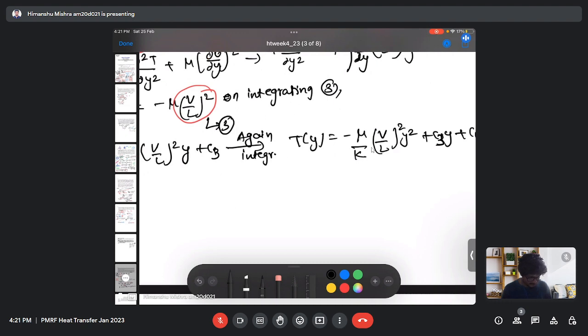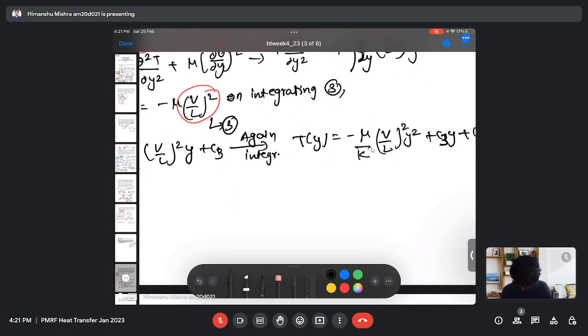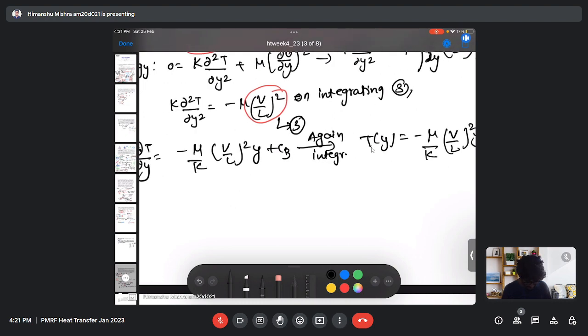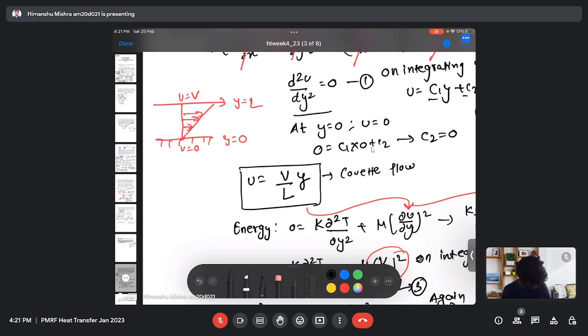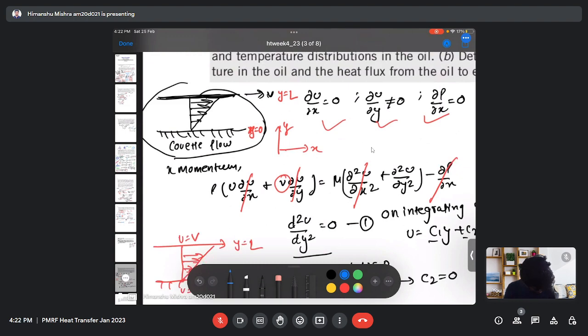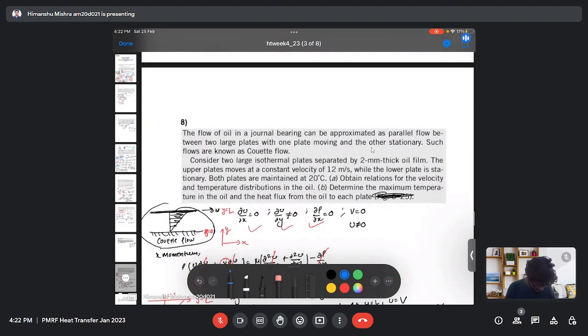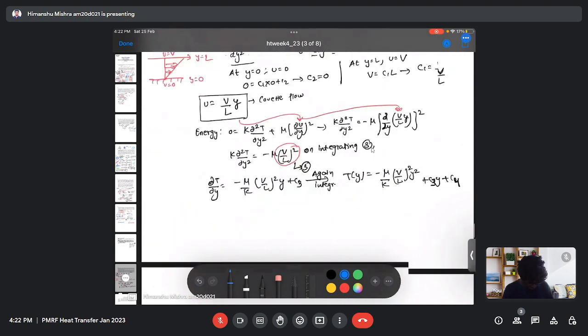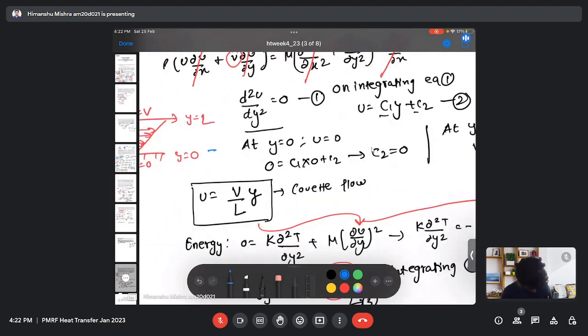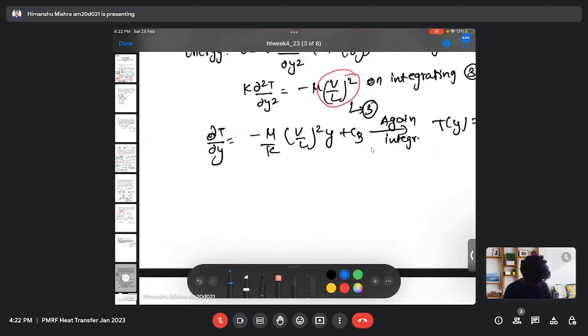So to obtain c3 and c4, we need to use the boundary conditions in terms of temperature. So let me define the boundary condition here. It says that both plates are maintained at 20 degrees Celsius. So both plates are at the same temperature. So let's say my T naught is 20 degrees Celsius.